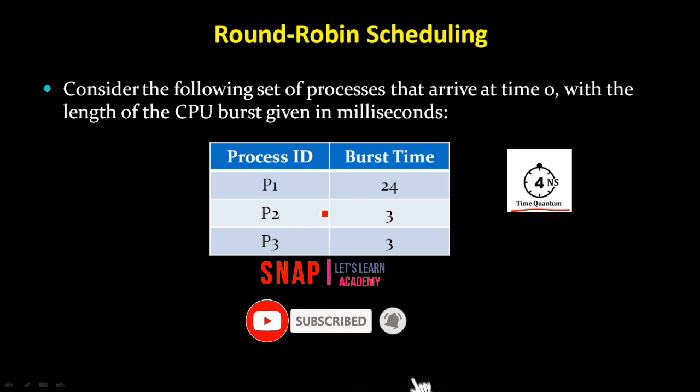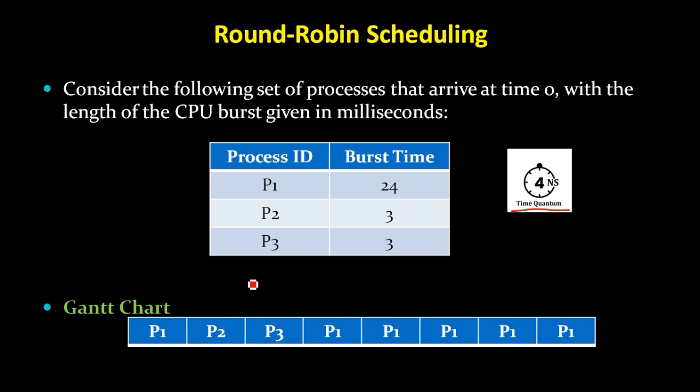So based on round robin scheduling, let us prepare the Gantt chart. This is the Gantt chart and the timeline. Now each time quantum is allocated to each of the processes P1, P2, P3. P1 will get one time quantum of 4 nanoseconds. Thereafter it will be put into the ready queue, and the next time quantum is allocated to P2.